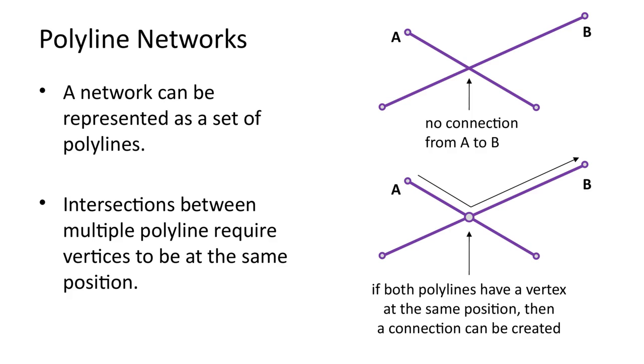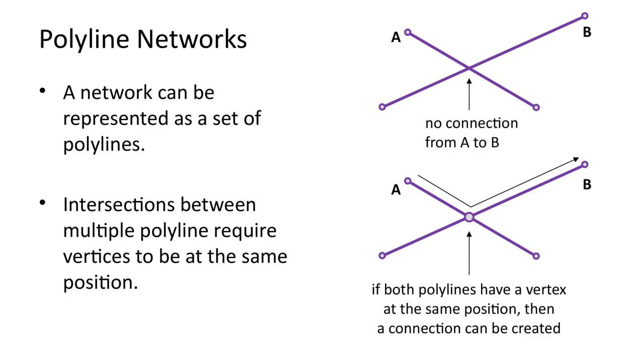In order to be able to perform network analysis, the network first needs to be represented in some way. Urban networks are typically represented geometrically using a set of connected 2D polylines. However, most modeling systems will require polylines to have vertices at all intersection points. In the example, two polylines are shown, intersecting one another.